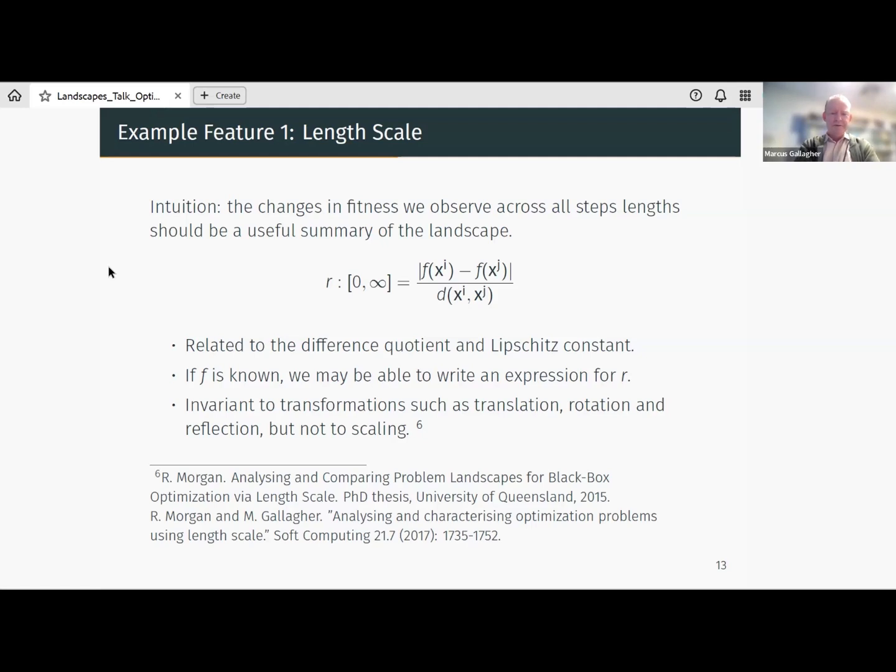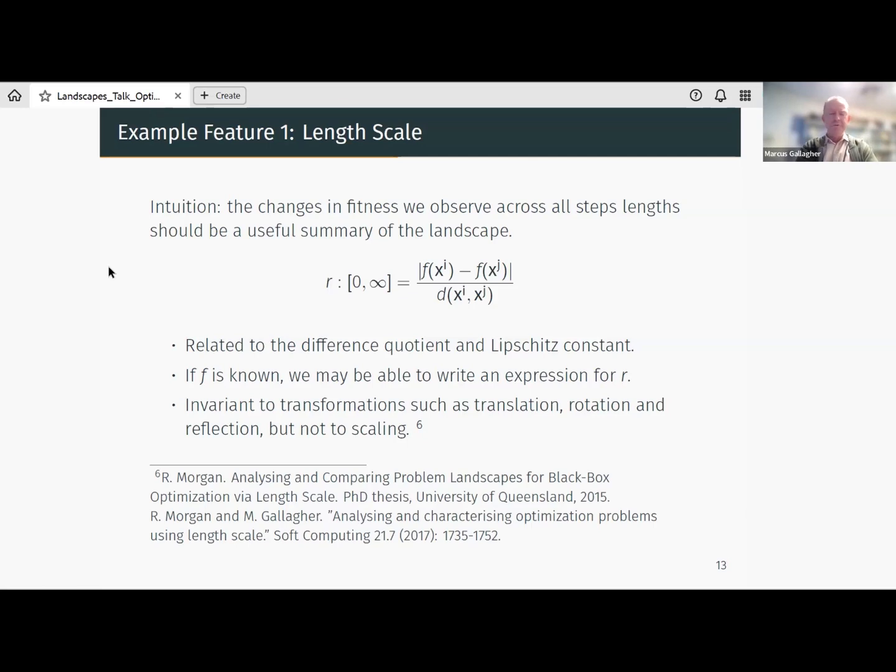But the idea we have here is that it might be useful to analyze this quantity across a sample of points. Usually in landscape analysis, we're thinking about the black box optimization case, where we don't want to assume that we know anything about the optimization problem, except that we have the ability to evaluate the objective function for candidate solutions.